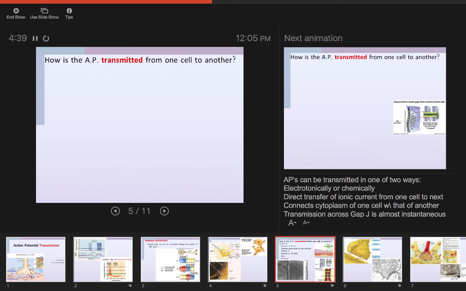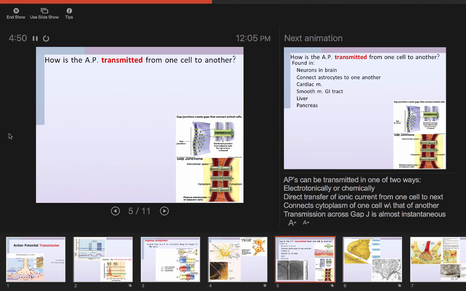An electrotonically transmitted signal uses protein channels known as gap junctions, and so here you can see those gap junctions in the membrane. The gap junctions essentially connect the cytoplasm of one cell with the cytoplasm of another cell. And so here we're in the cytoplasm of cell 1, here's the plasma membrane of cell 1, and here you can see that protein channel.